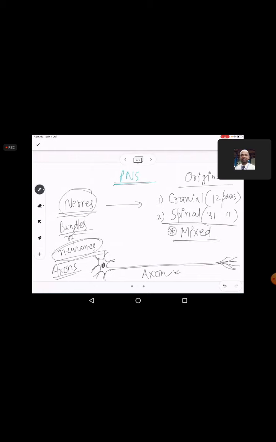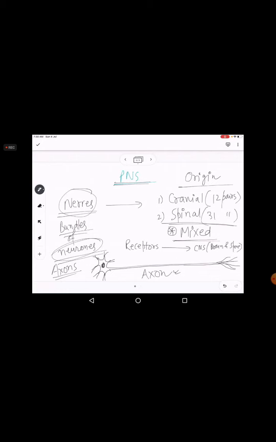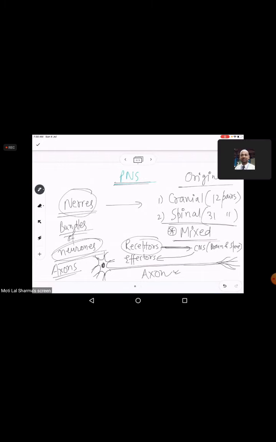Spinal nerves transmit impulses from receptors to your CNS, which includes your brain and your spine, and from the CNS to your effectors. So there are these two kinds of transmission of impulses. One from receptor to CNS.